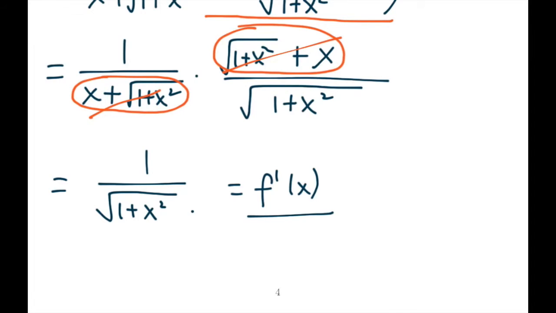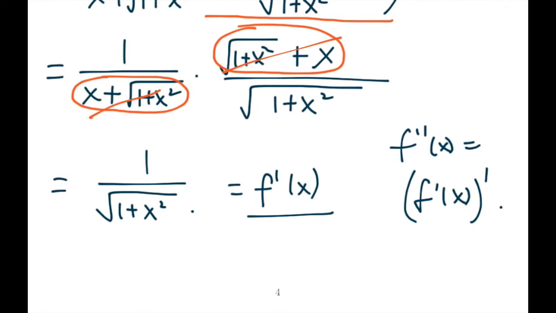Okay, and then based on this part, we're going to find f double prime of x. So basically it is the derivative of the first order derivative.